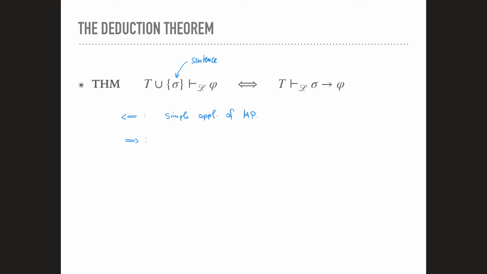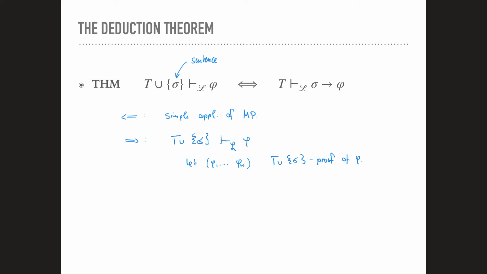So for this direction, we suppose that T union sigma proves phi, and we let phi 1 up to phi n be a T union sigma proof of phi.